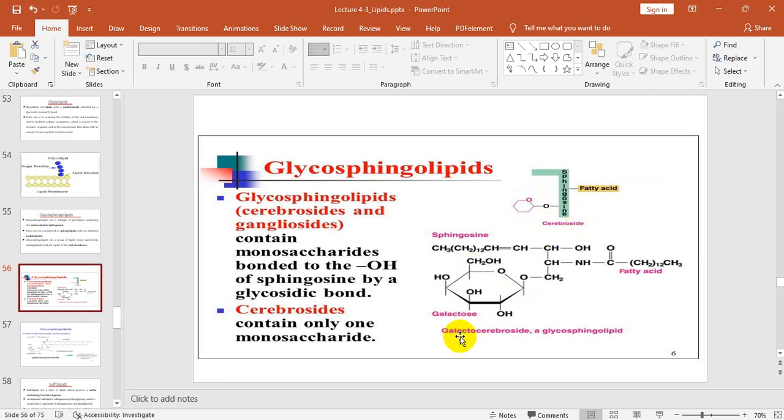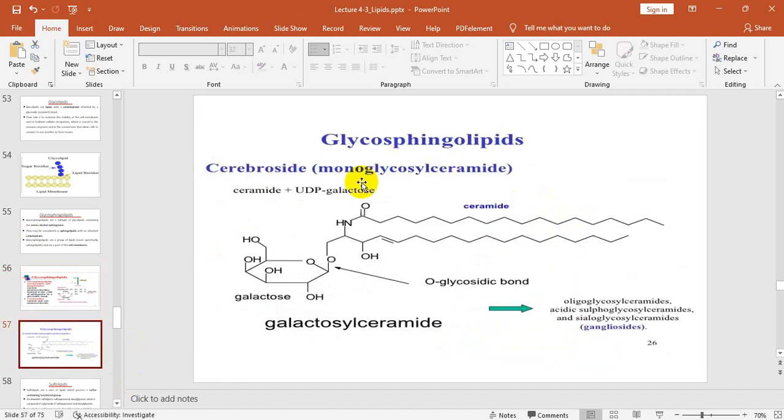So galactocerebroside is a glycosphingolipid. This is a clear example of a glycosphingolipid. We have the galactosyl ceramide. So we have the glucose structure here.